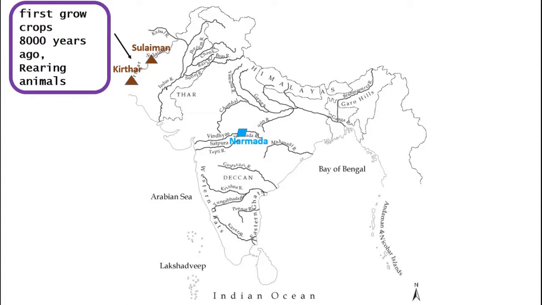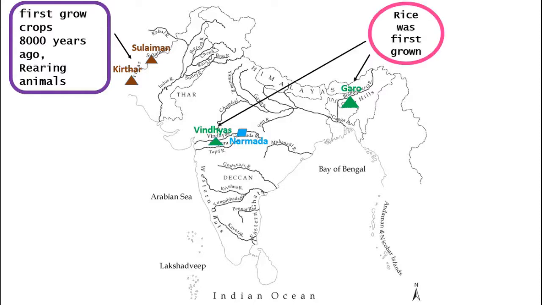Can you imagine, 8,000 years ago people started growing crops first. The agriculture system developed first in Suleiman and Kirthar hills. Next, you see Garo and Vindhyas hills located with the green triangle. These are the places where people first started growing rice. So rice was first grown in the north of the Vindhyas hills.